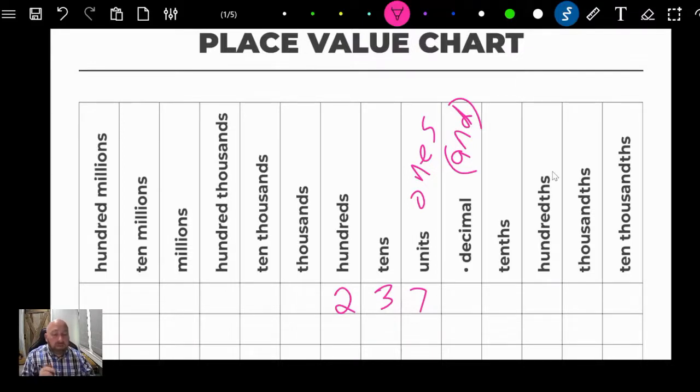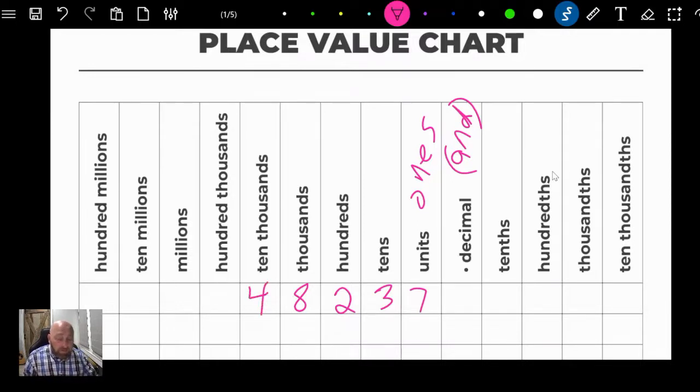Okay? So the next one is thousands. Let's put an 8 in the thousands place. So now we have 8,237. If we go to the 10,000s place, let's put a 4 in the 10,000s place.